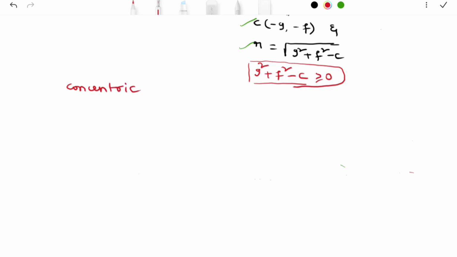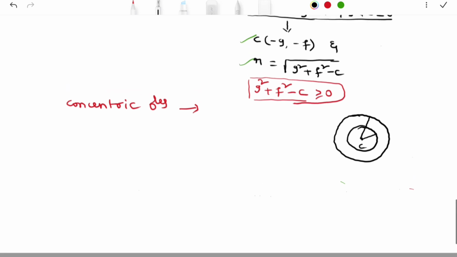Suppose you draw a number of circles like this: minimum 2, maximum n circles you can draw. If all circles have the same center and different radii, this type of circles are called concentric circles.